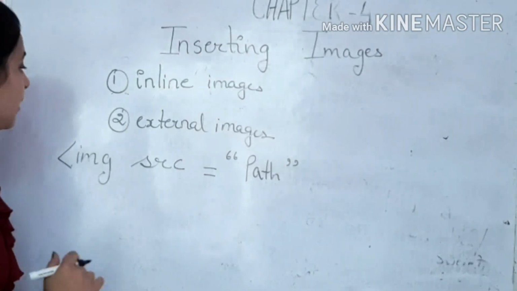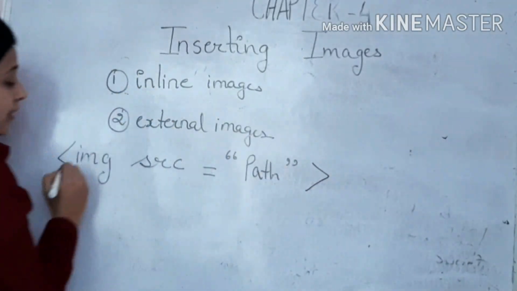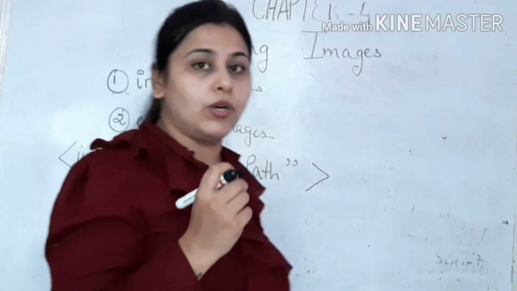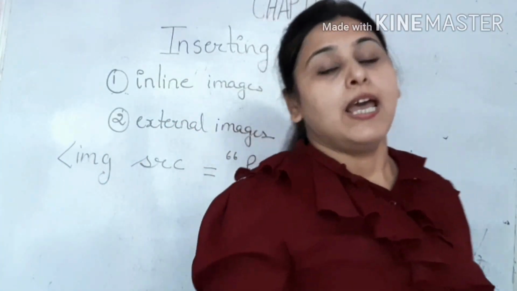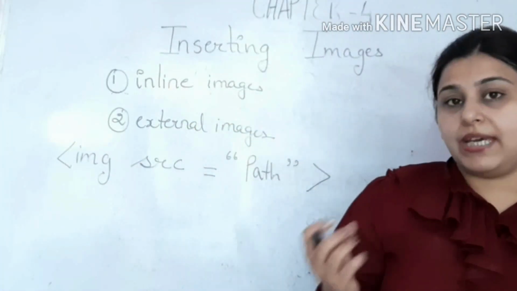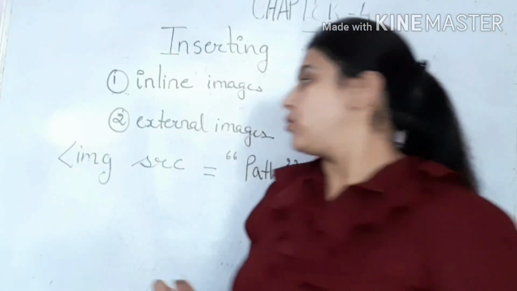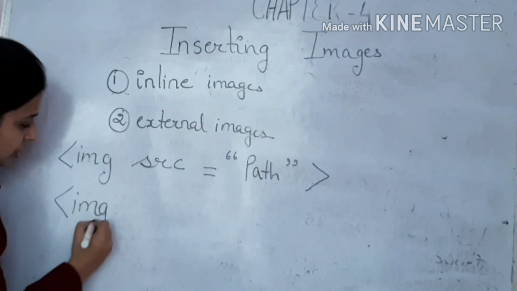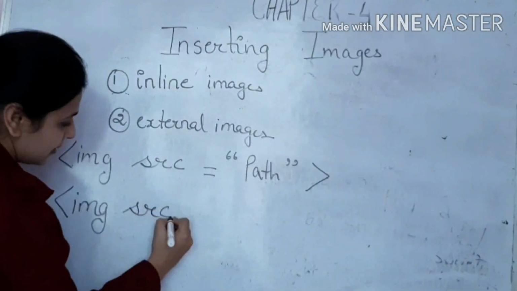Clear? Now suppose you have an image in C drive, in the picture folder, and the name of the image that you want is A. How will you write the path here? You will write IMG SRC.